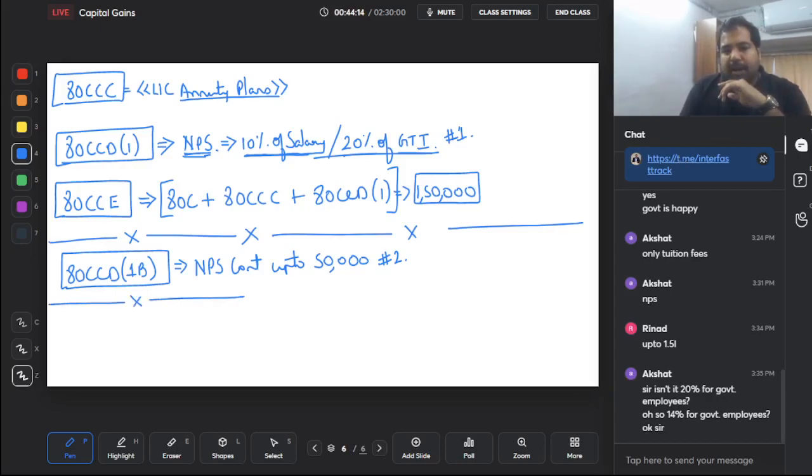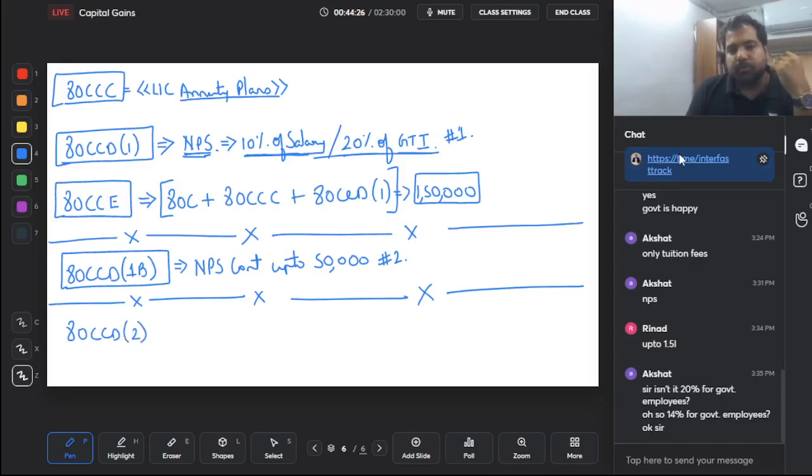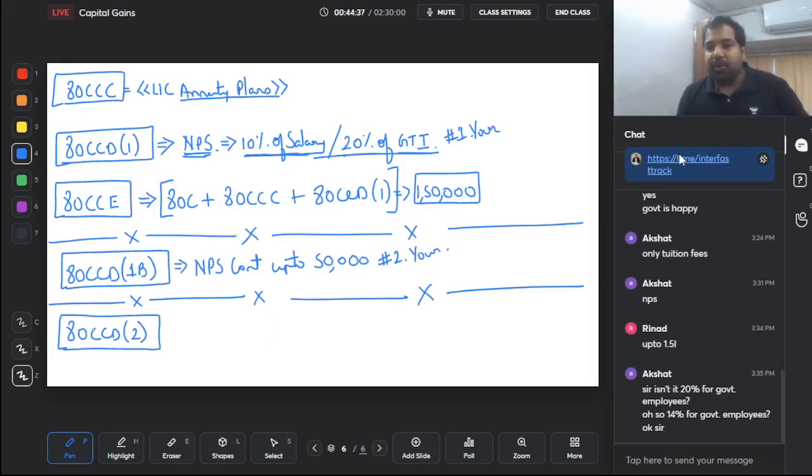And last deduction, guys, again connected to NPS, but you are not doing anything in that. Watch out. This is 80CCD2. You are not contributing. This is your contribution. This is also your contribution, but here you are not doing anything and still you get a deduction.